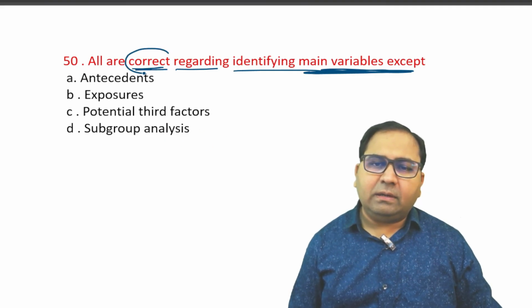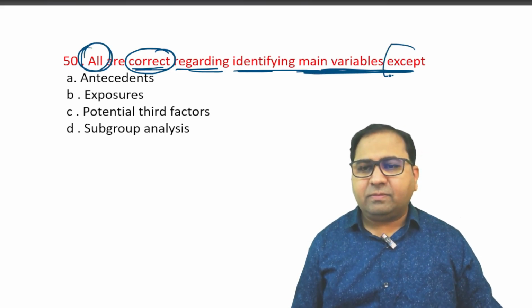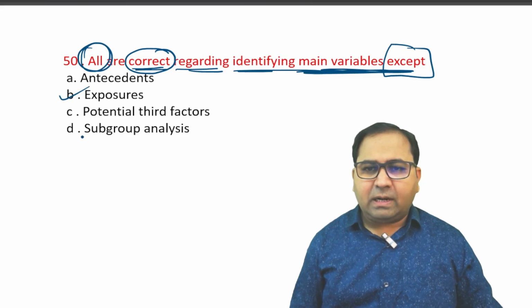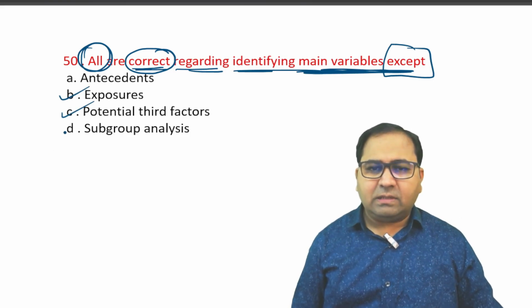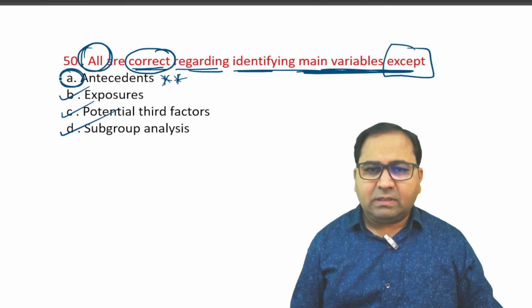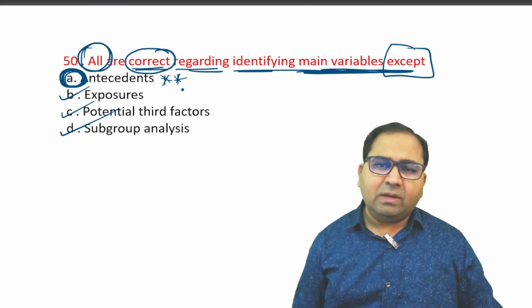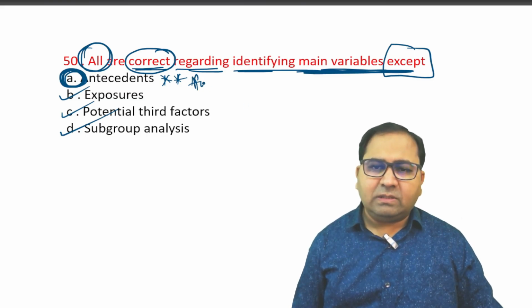All are correct except one thing. Exposures are correct, potential third factors are correct, subgroup analysis is correct, except antecedents. Antecedents are not correct regarding identifying the main variables. So antecedents was the answer for this question.